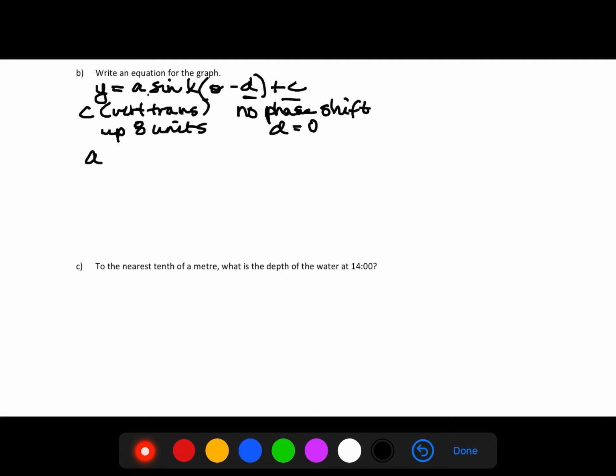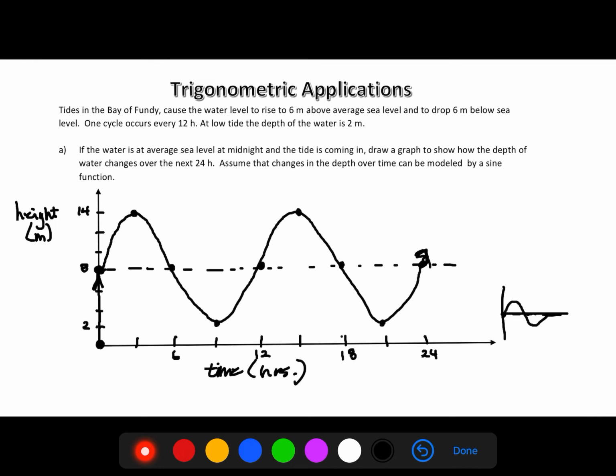We had no phase shift, or d, meaning d is 0. We still need to figure out the amplitude and our k value. Amplitude is the max minus the min, divided by 2.